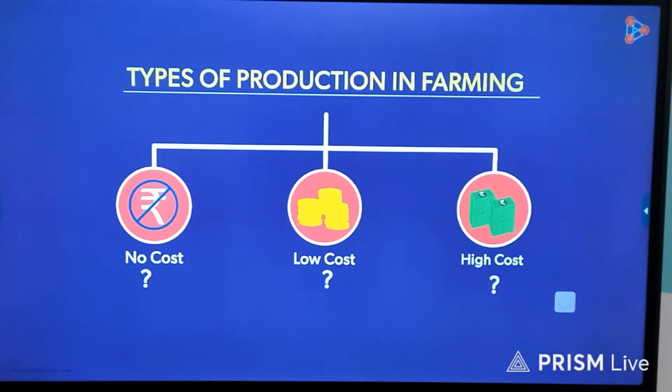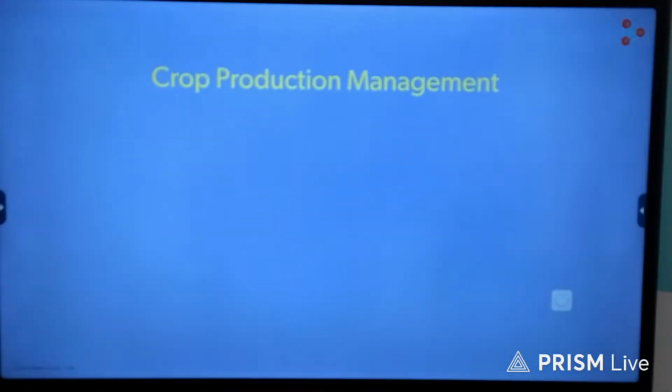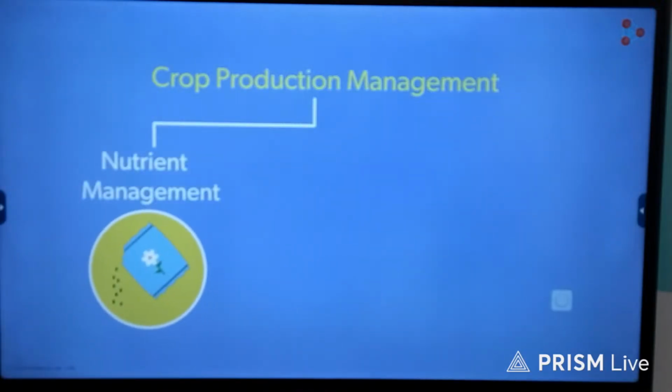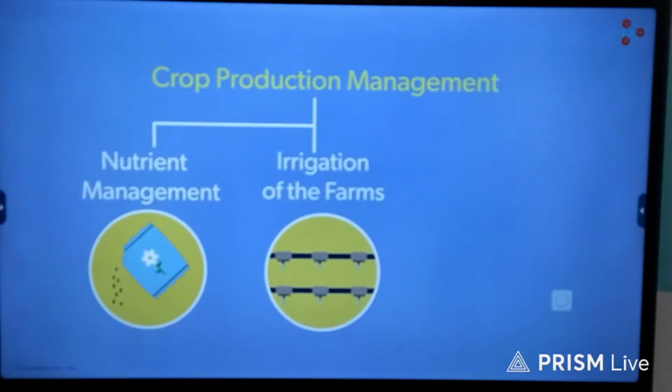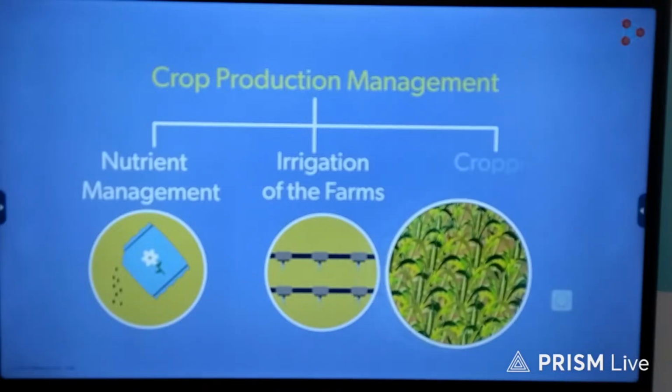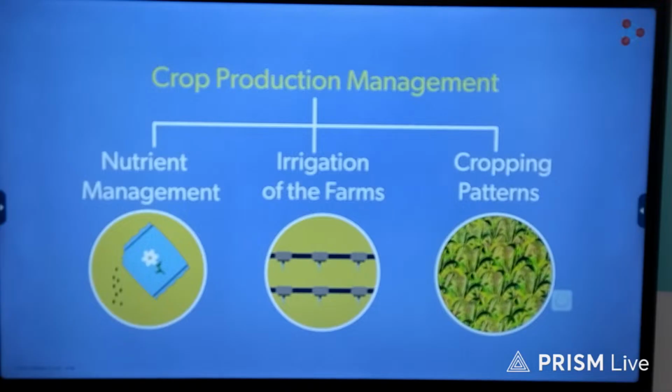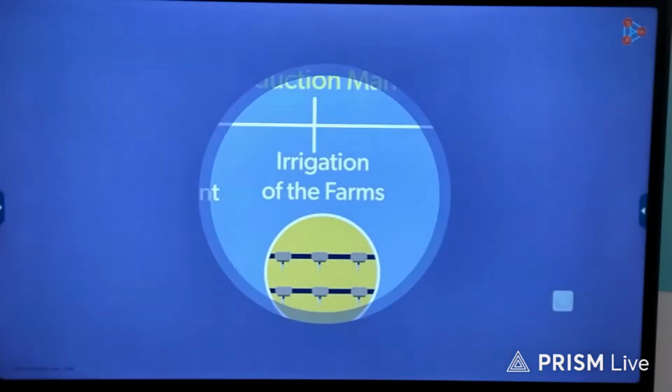On which level does the farmer need to invest in to enhance his yield? 3 main components need to be taken into consideration while talking about crop production management. Firstly, let us look at nutrient management. Secondly, we must look at irrigation of the farms. Yes, water is a very important requirement for a farmer. And thirdly, we must look at the cropping patterns. Let us look at the first on in this video.